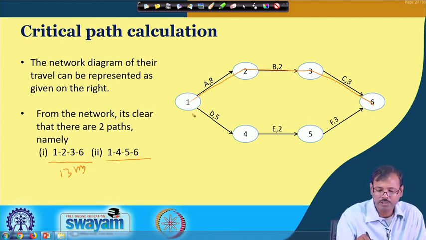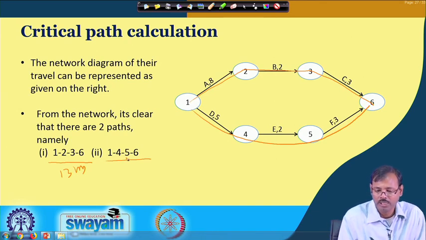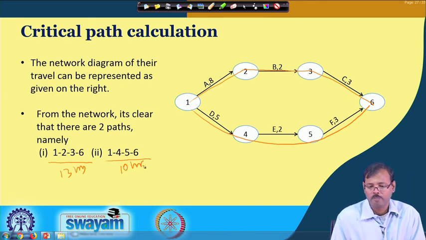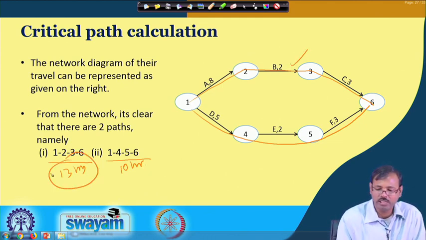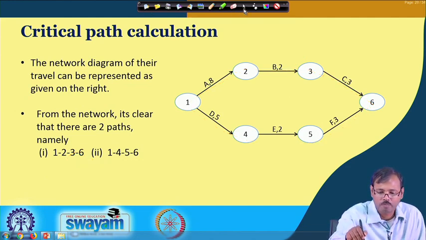There is another path, 1, 4, 5, 6, which takes 10 hours duration. So, this is the longest path, and this longest path is the critical path, which happens to be Allen's path.